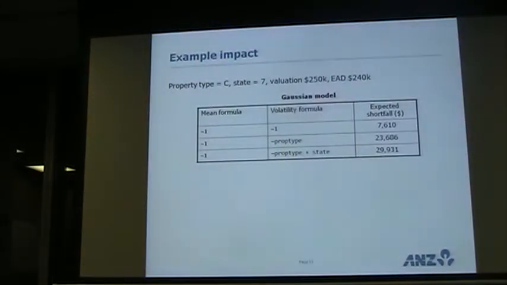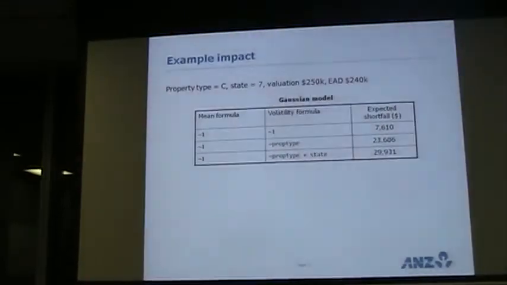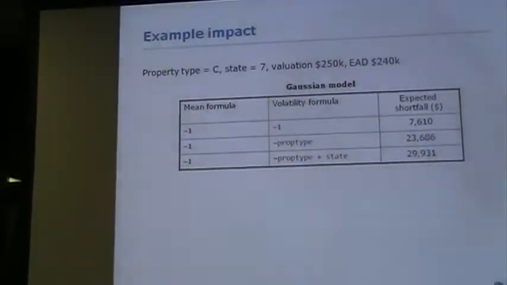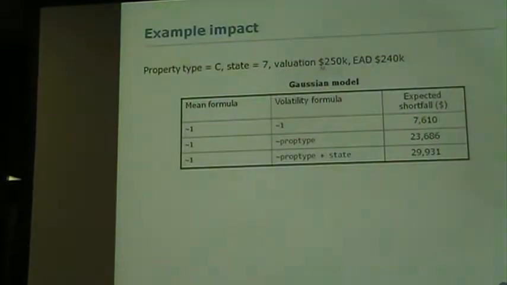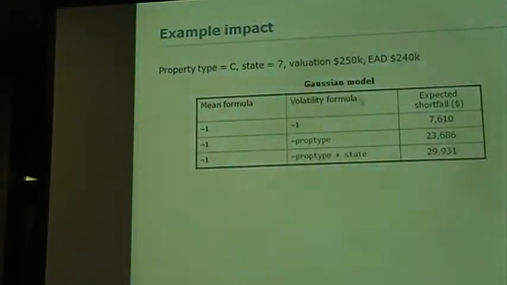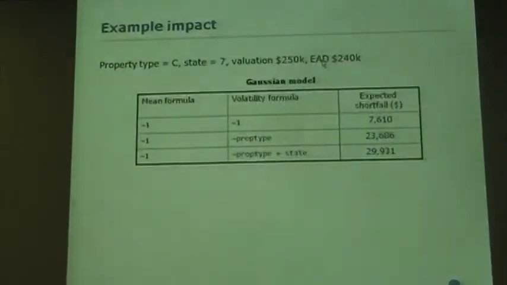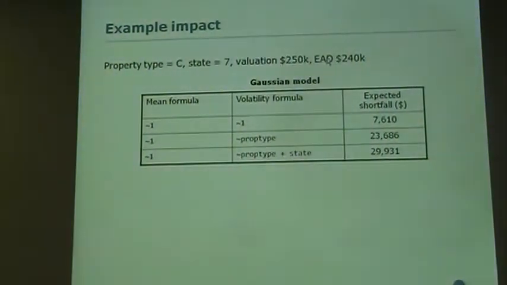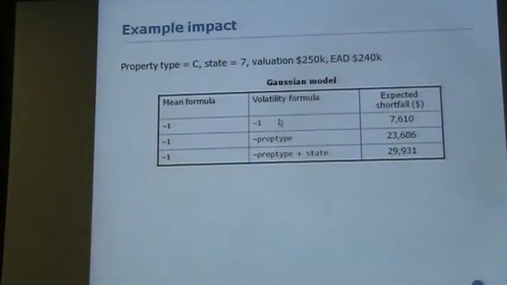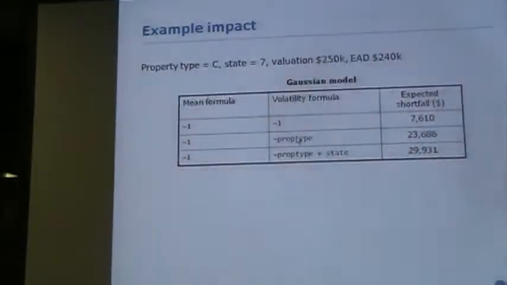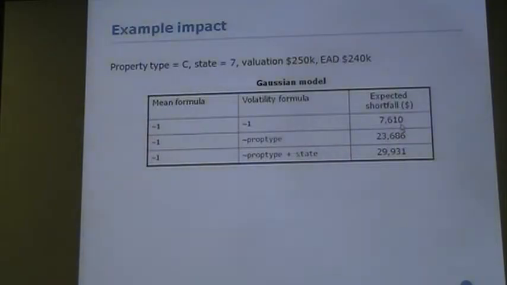Here's, for example, the estimated impact we're talking about for a certain property type, a certain state, some valuation and some expected exposure at default. By changing my estimated volatility, I can get very different shortfall estimates coming out of my model.